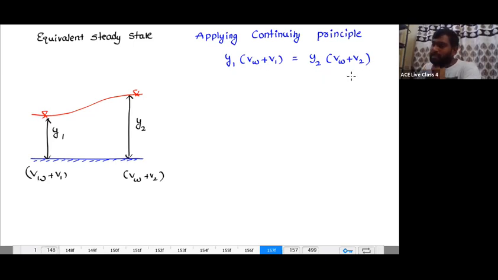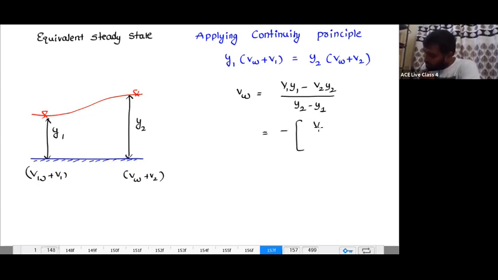If you take the VW Y1 to the other side, then VW is equal to (V1 Y1 minus V2 Y2) by (Y2 minus Y1). Or I'll take it as negative of (V2 Y2 minus V1 Y1) by (Y2 minus Y1). This is going to be the VW.